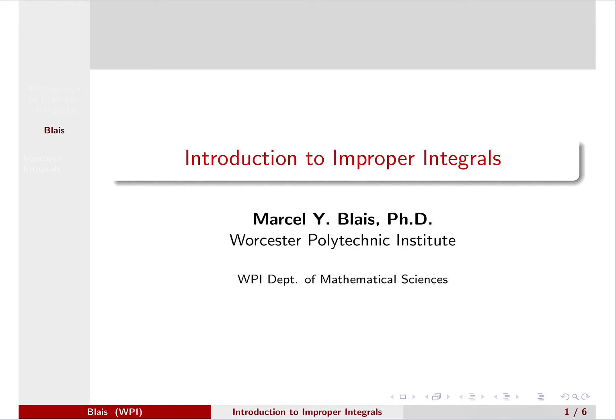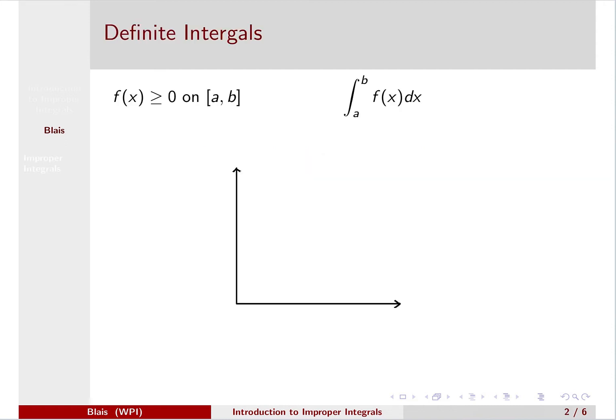In this lecture, we will be studying the concept of the improper integral. If we think back to our study of integral calculus, one of the concepts we focus on is often called the area problem.